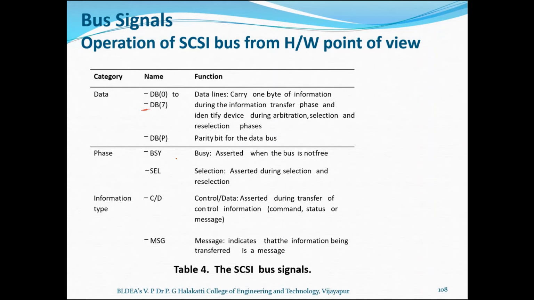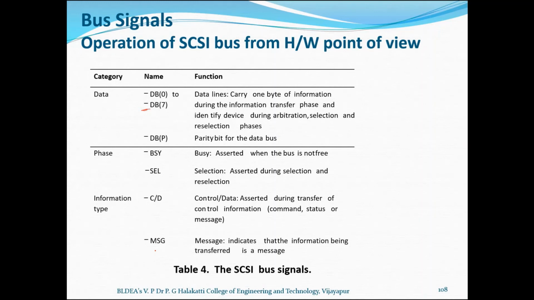Now in phases we have different signals like busy and select. Busy is asserted when the bus is not free, and select is asserted during selection and reselection. The information type signals are like minus control bar data. It is asserted during data transfer of control information like command or status or messages.